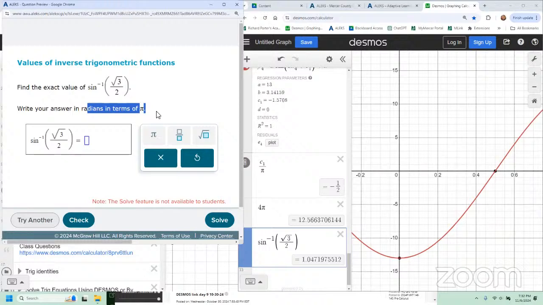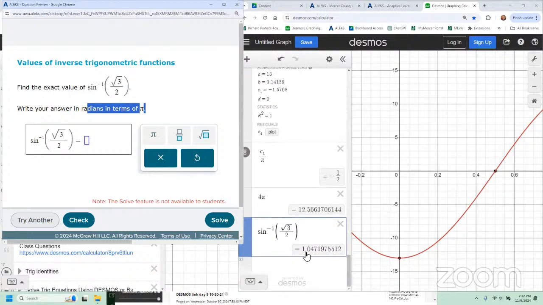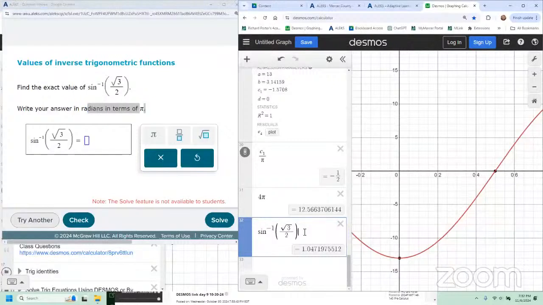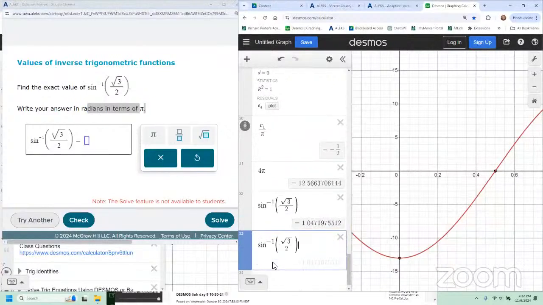So Genesis, since you're still up, how do I figure out what that is in terms of pi? What can I do? What have we been doing all along? That's some multiple of pi. So what do I do? What did I do before to figure out what B was and C1?